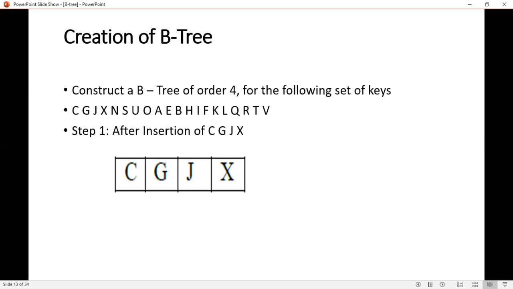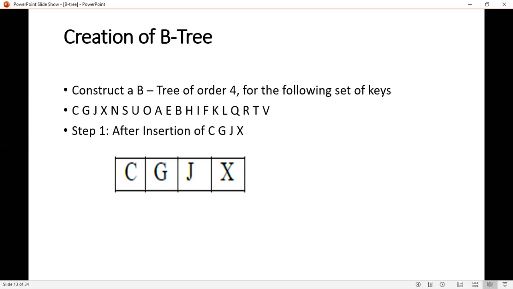Next you have to insert N. Already you have filled 4 keys, right? The fifth key you cannot insert into this particular node. That means you have to split the node.